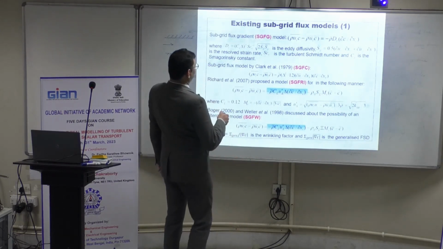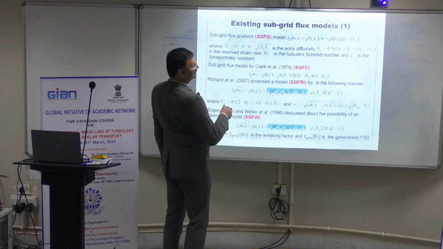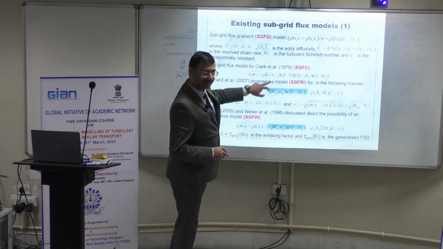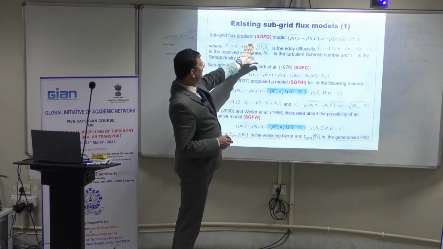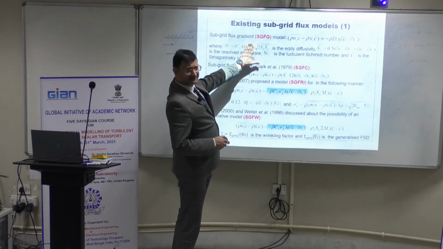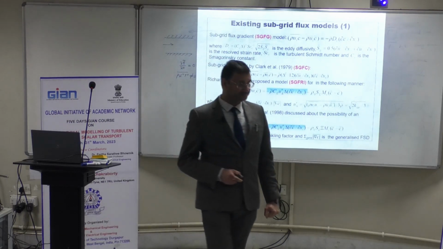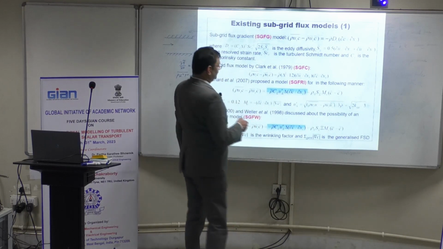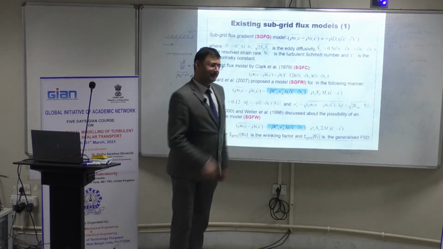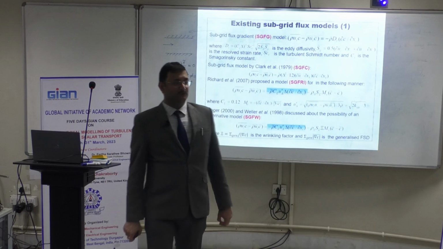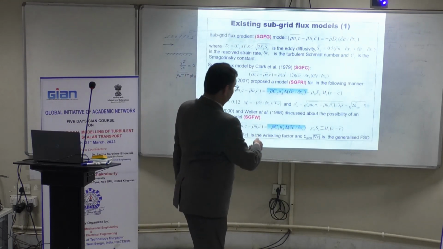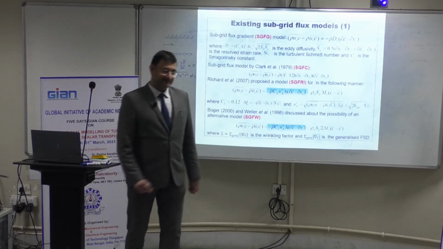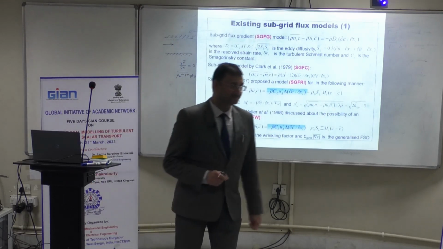Effectively, if you see here, I have Sct, the turbulent Schmidt number, raised to the power -1. If you think of it without this, that's basically your Smagorinsky model. Clark's model is given by this. It can be shown analytically that you will get this expression. Wait until the tutorial to see how one can get it.